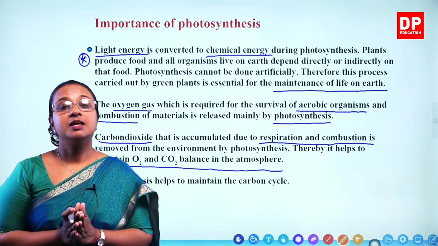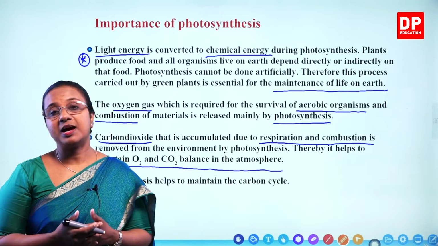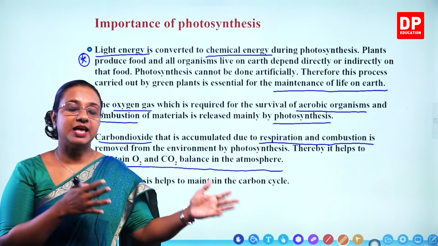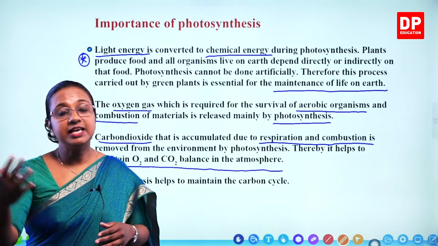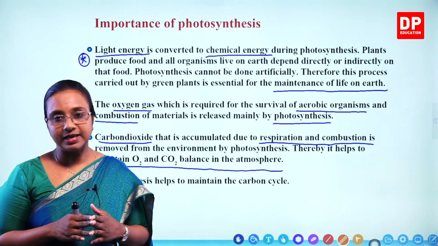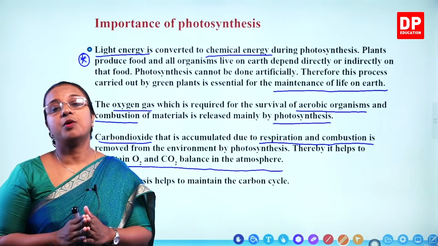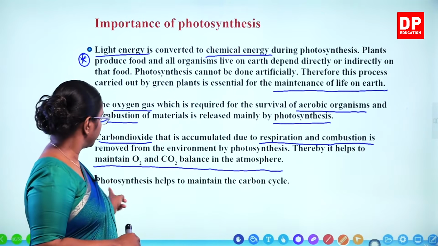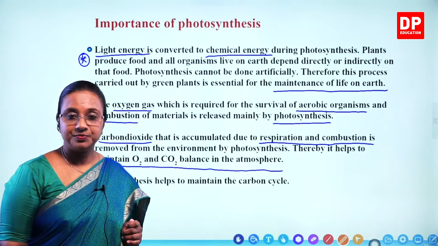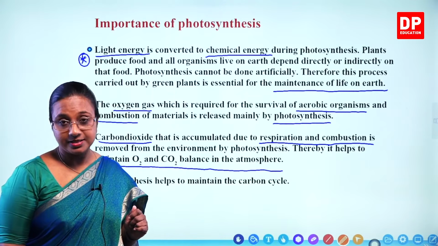It's stored as starch, consumed by animals, and then when these plants and animals die, the organic material decomposes and carbon dioxide is evolved back into the atmosphere. So that is just a simple cycle. In this, photosynthesis is a very important process. So photosynthesis helps to maintain the carbon cycle. These are the importance of photosynthesis.